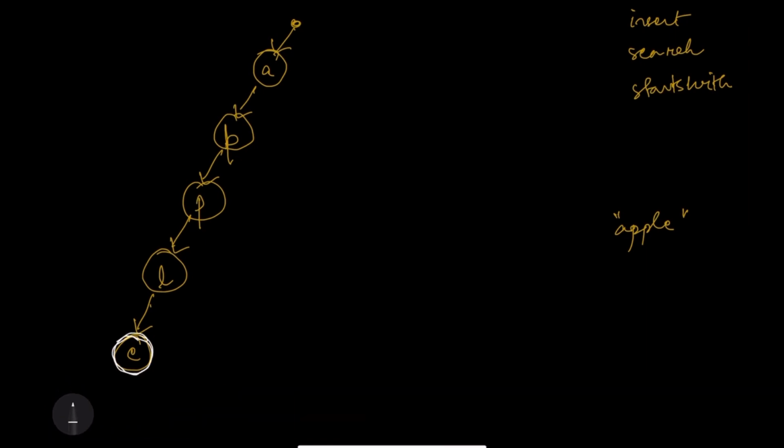So we would keep track of the end character because that will help us with the search of these letters. When we will do our starts with, we will do the same process like when we do our search, like this is what we will do in our insert.